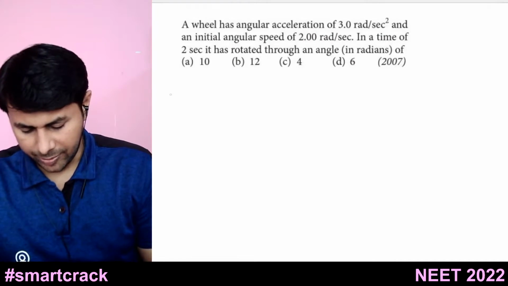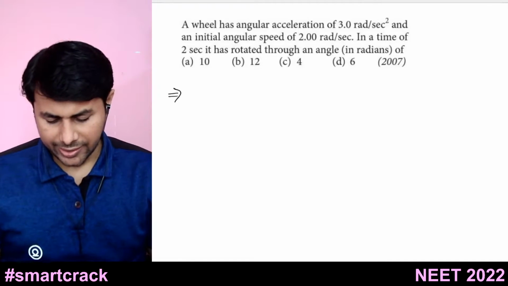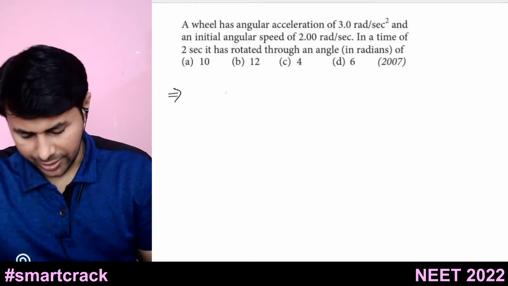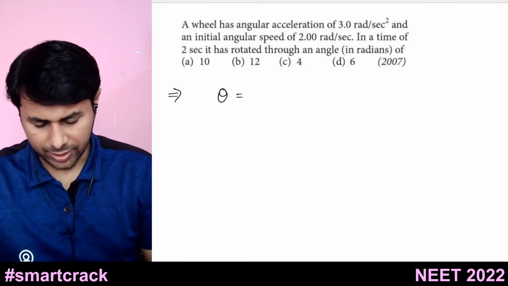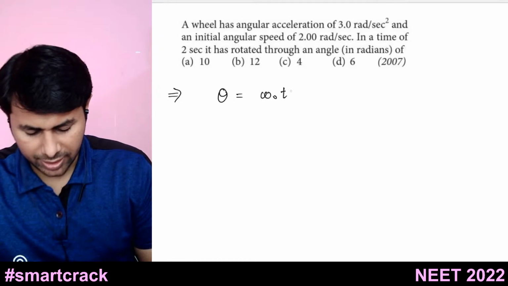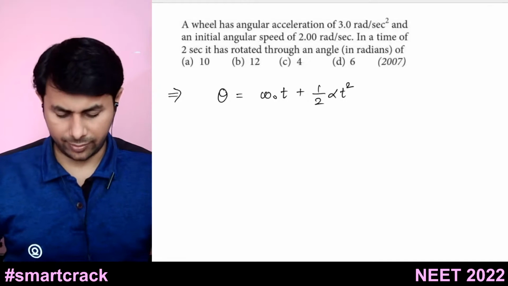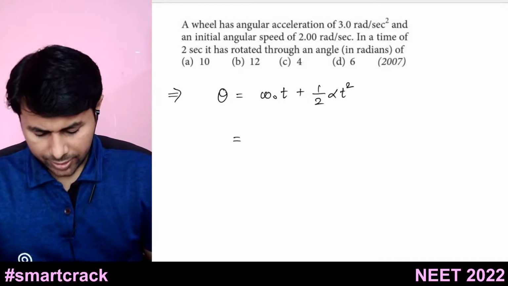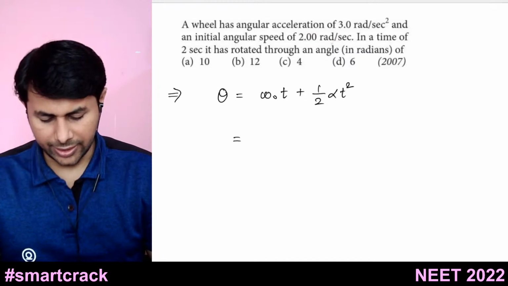This is a very simple problem. We are asked about the angle through which it rotates. So theta is equal to omega naught times t plus half of alpha into t square, because it is rotating with constant angular acceleration.